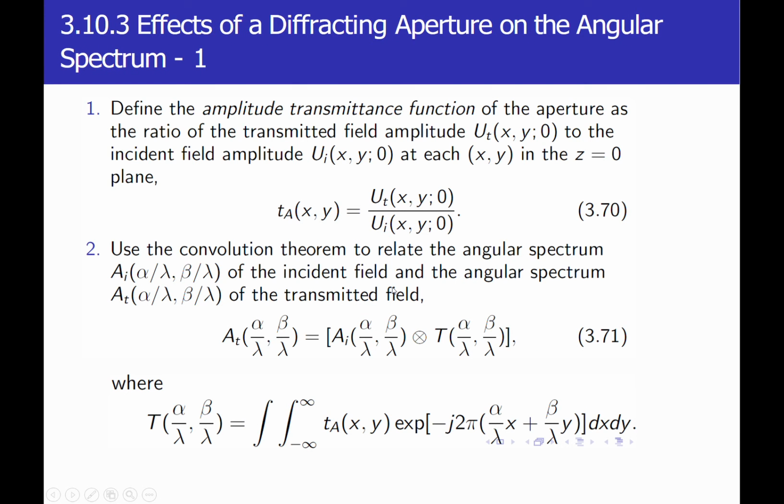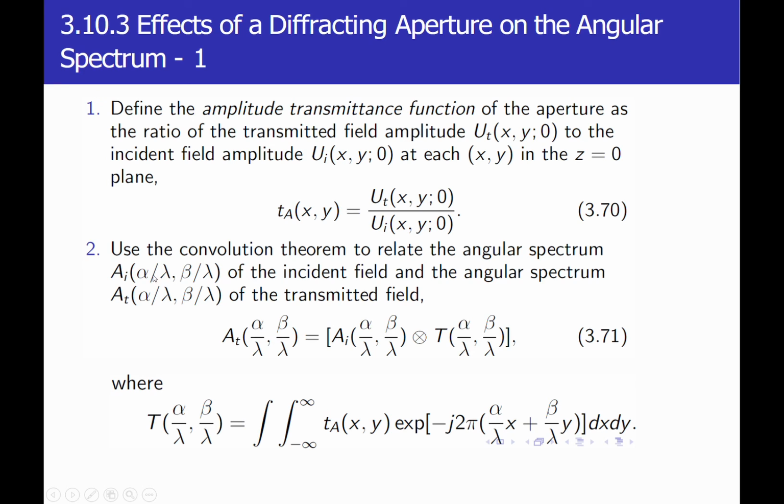Let's try to think about some more detail. Define an amplitude transmittance function. We are going to use this term on and on in the latter sections of this course. The amplitude transmittance function is defined as the transmitted scalar field over the incident scalar field, so this will define the transmittance.